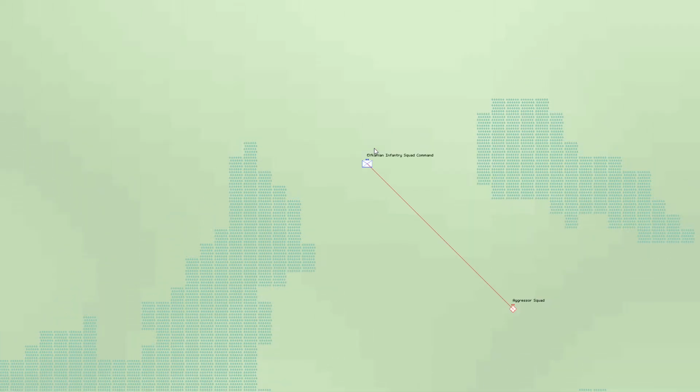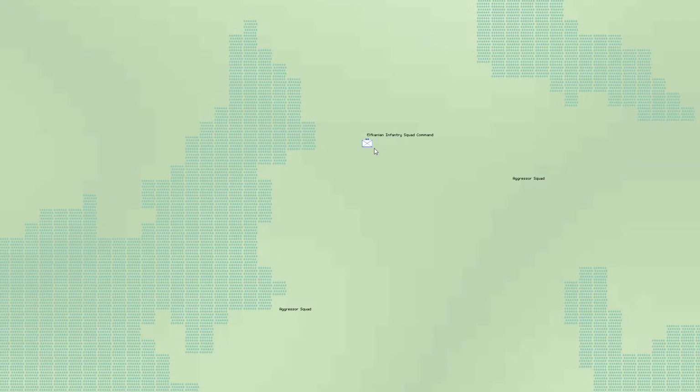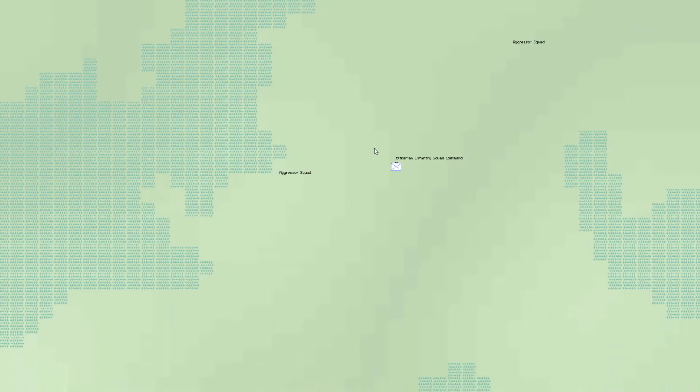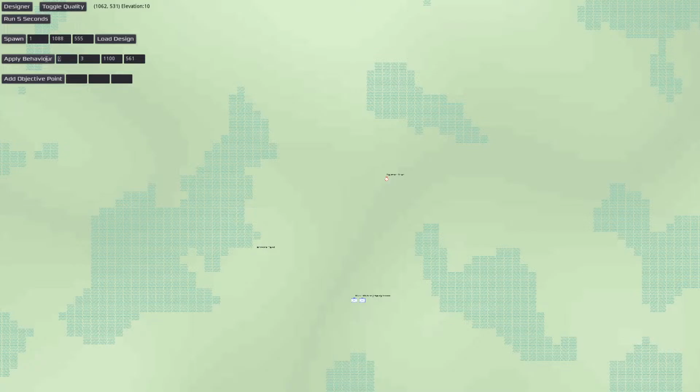They should be splitting up right now, but well. Yeah, so now they start splitting up. I think the other behavior works a bit better right now with move in a column.